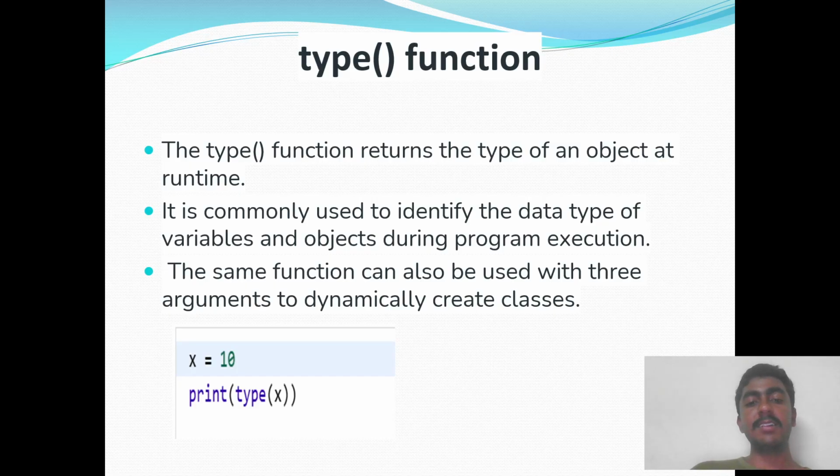Just as an identity card tells you who a person is, the type function tells you what kind of value Python is dealing with. The syntax is very simple: type, and within parentheses, the value. Here, instead of value, we can write a number, a string, a Boolean value, or even a variable. Python will immediately return the data type.